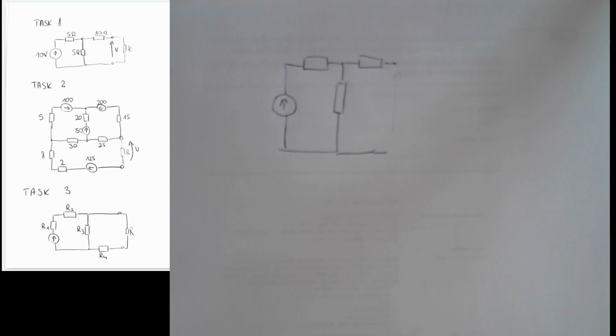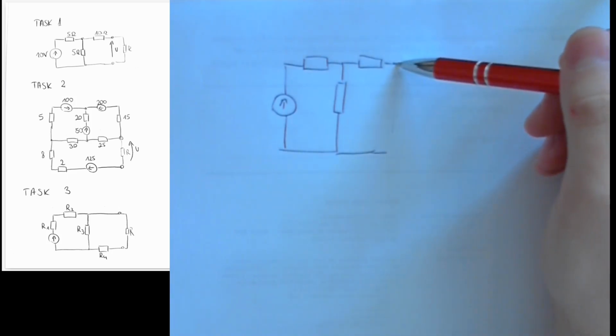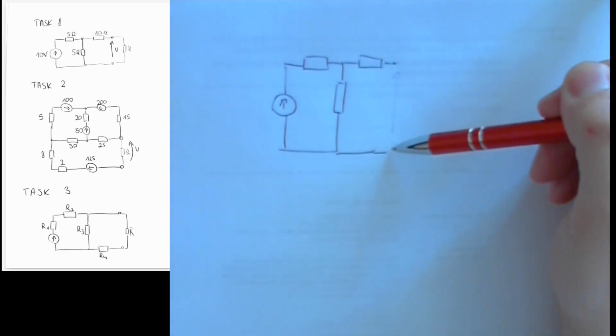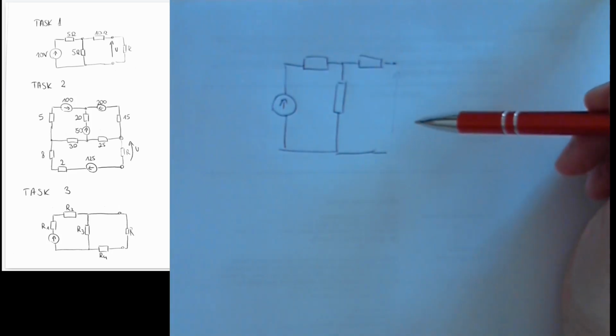Let's try to solve the first task using Thevenin methods. What we do in this method, we see how the circuit behaves in two different states. The first state is when we have an open circuit from the point of view of the rest of the circuit that we do not analyze.